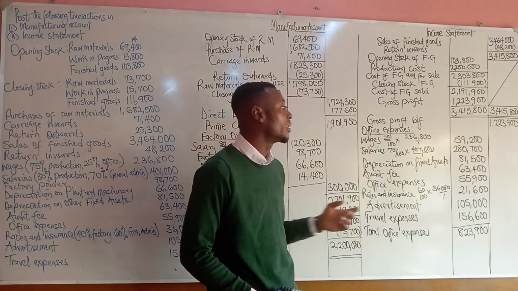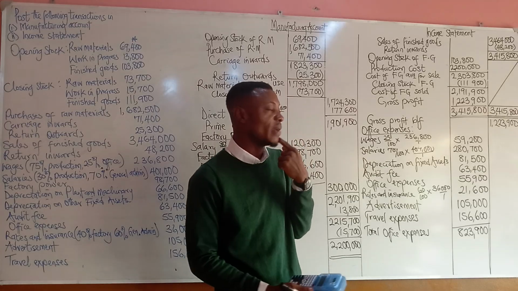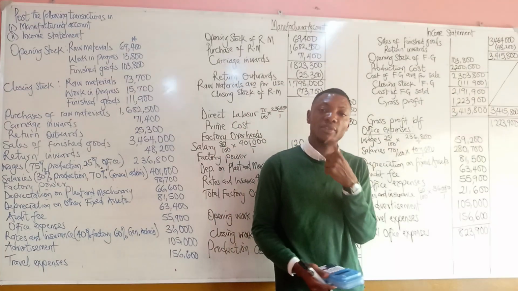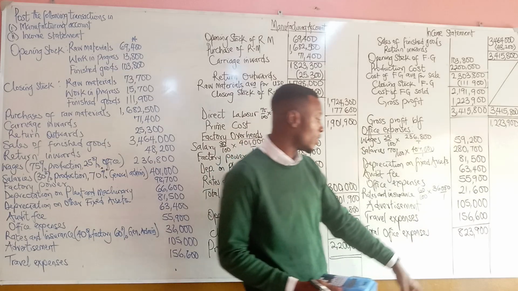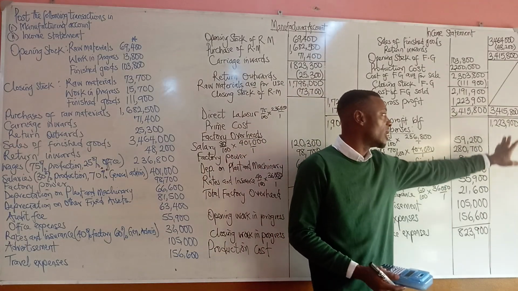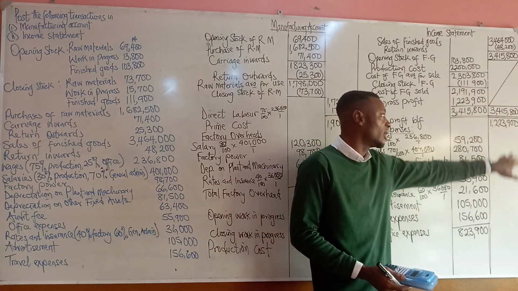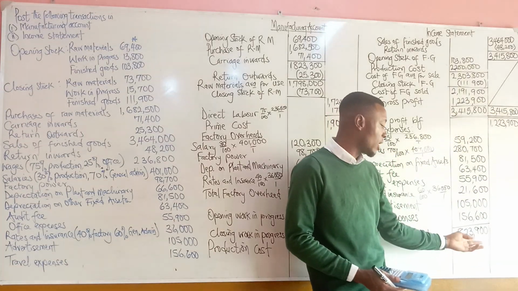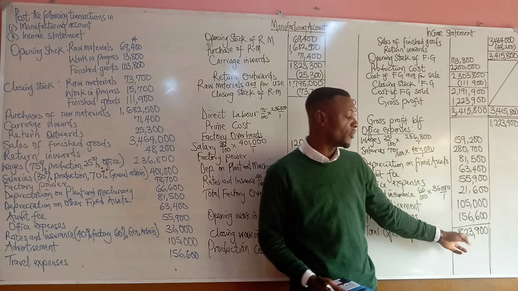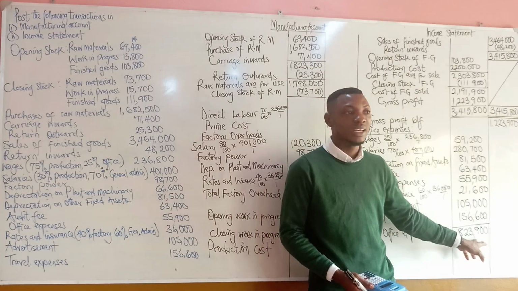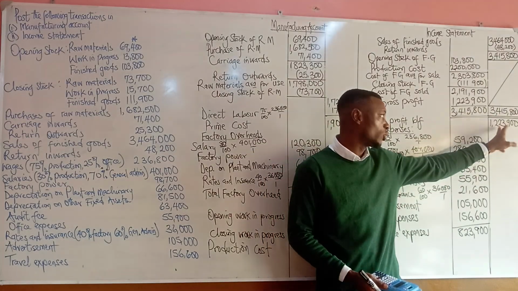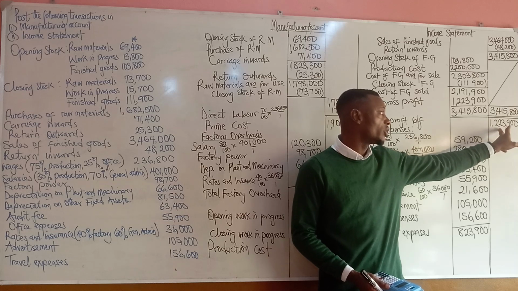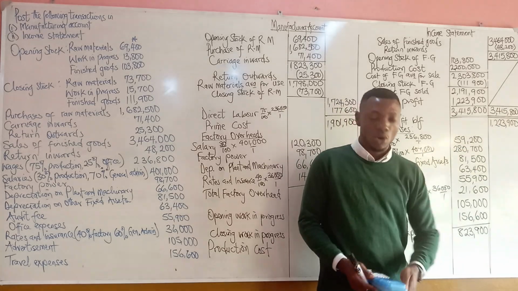So from here now we determine if the company is making a profit or if they are running at a loss. Once the amount on the debit side is lesser than the amount on the credit side, it means they are making a profit. So as you can see, 823,900 is way lesser than 1,223,900.